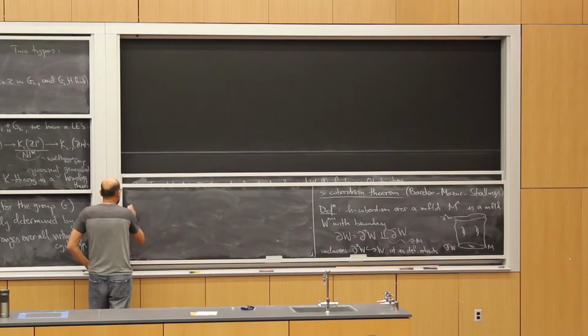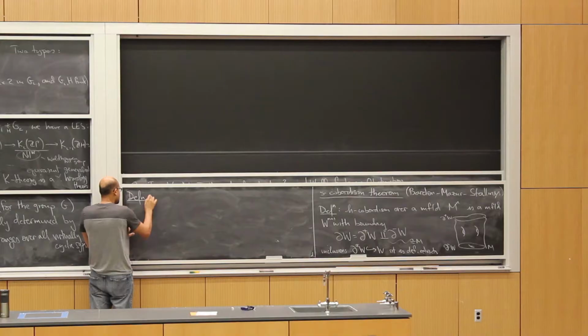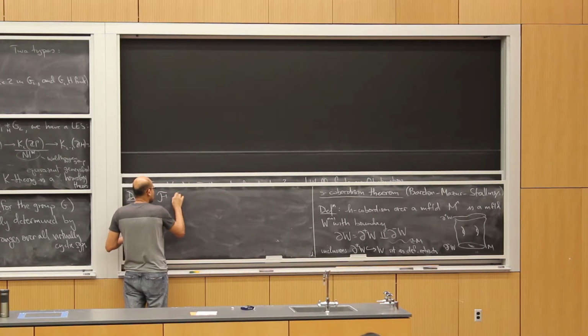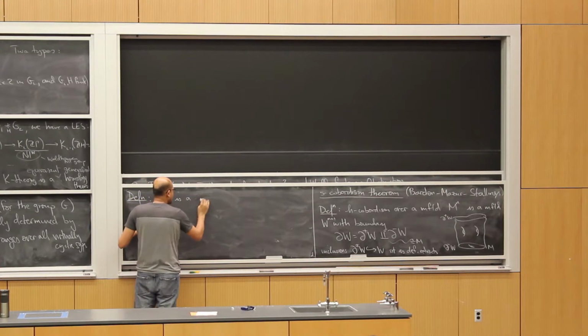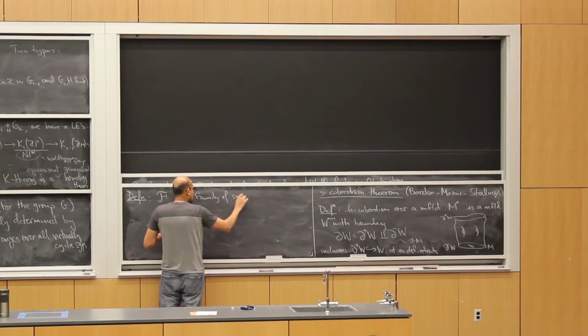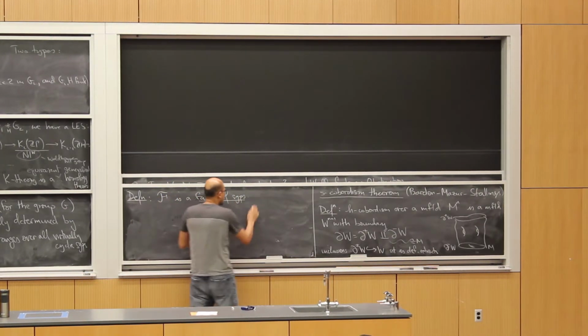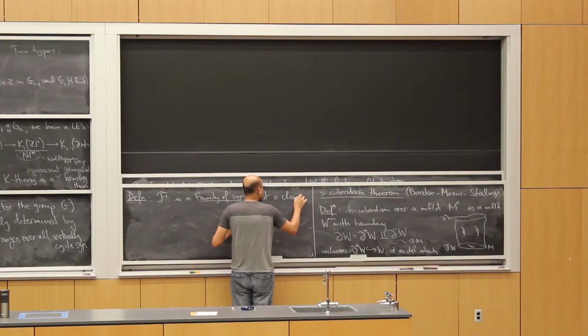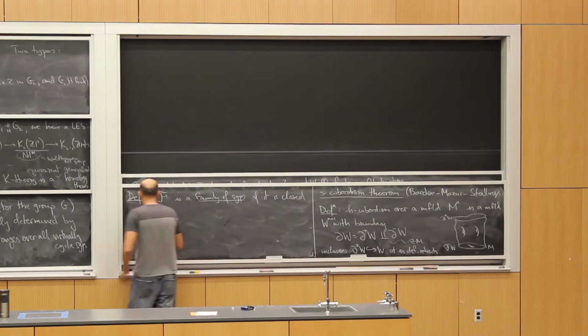So let me give you a definition. F is a family of subgroups if it is closed under conjugation and passing to subgroups.